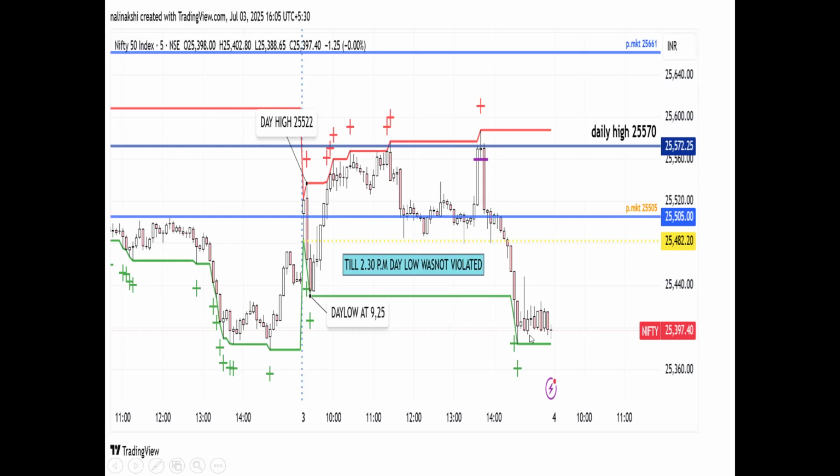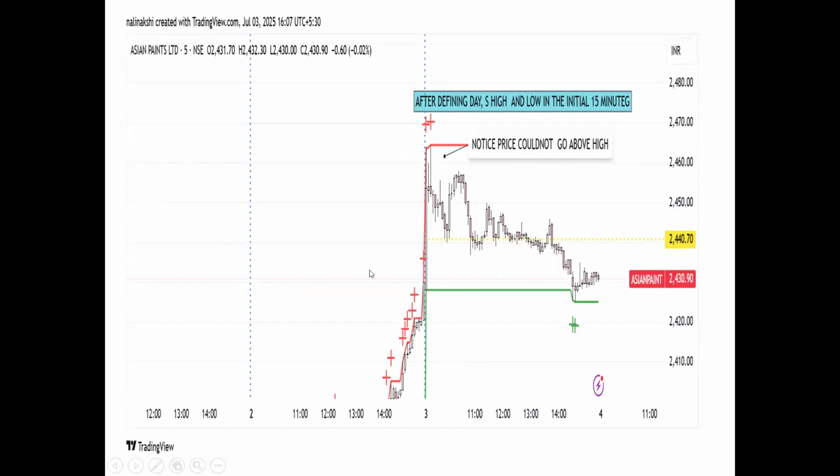It broke below the daily low and closed below the daily low, but it has held the previous day low. Previous day low was 25,378.